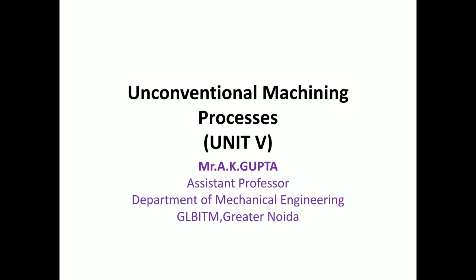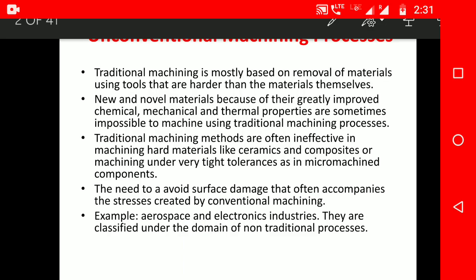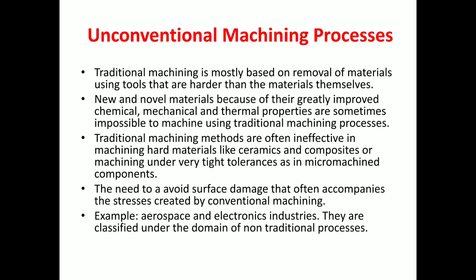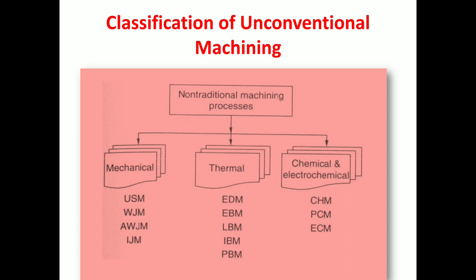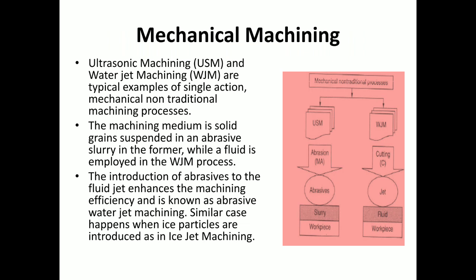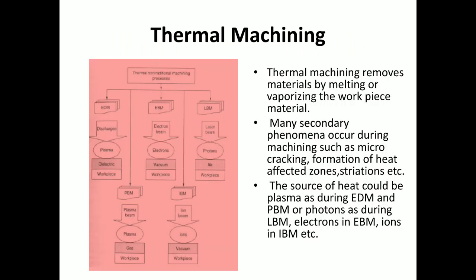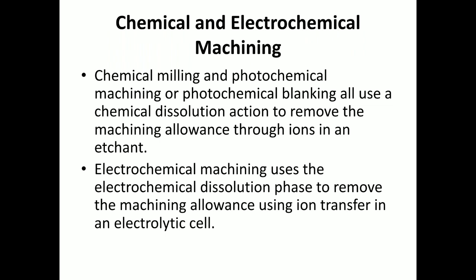In the previous lecture, we dealt with the unconventional machining process and its classification, that is mechanical, thermal, electrochemical and chemical. After that, we classified the various processes under the broad classification. Then we discussed mechanical machining, thermal machining, chemical machining, and electrochemical machining.